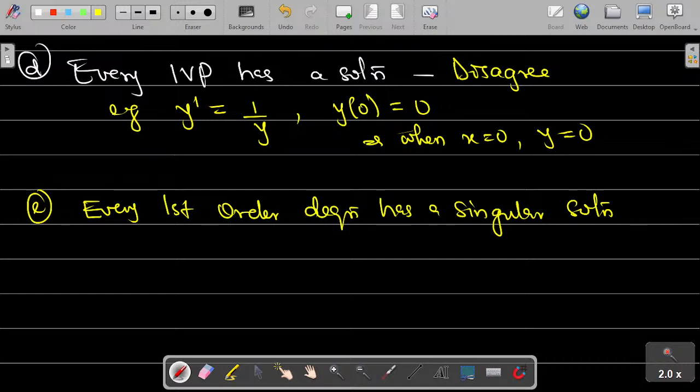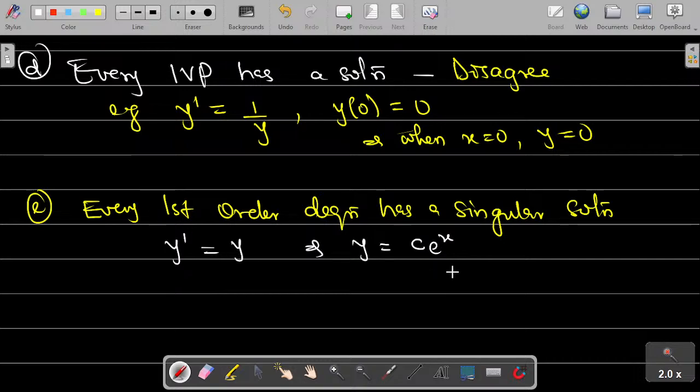For instance, the simplest way to see it is to look at this. If I have y prime equal to y, we can try to solve this equation, and if we solve it, we are going to get y equal to c e to the x. Don't worry, we are going to see how to solve differential equations.